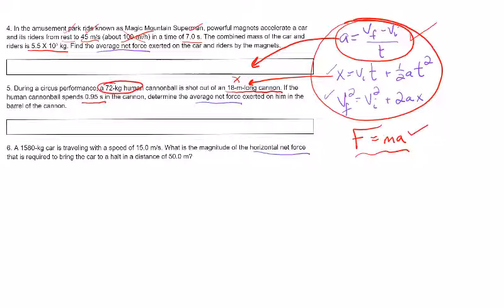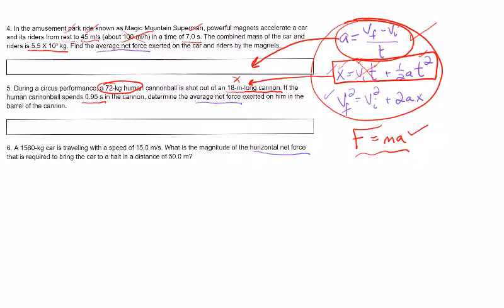So again, we're going to be using F equals ma, but we need to find a first. The equation I set up for this one is to use this equation. And you go, wait a second, I don't seem to have everything. I have time, I have x, but what about VI? Well, I made the assumption that while the circus performer is inside of the cannon, he is at rest, so this part was 0.